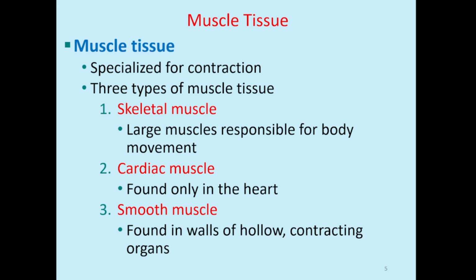Okay. Now when I look at all the three, cardiac muscle, this is specific to the muscle of the heart. So we look at the smooth muscle, which is in the hollow structures like in the esophagus, blood vessels, and so on.